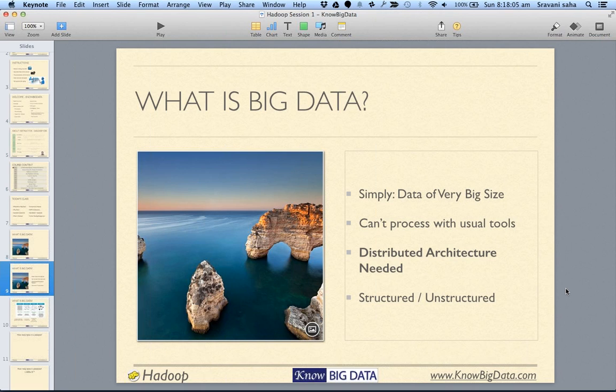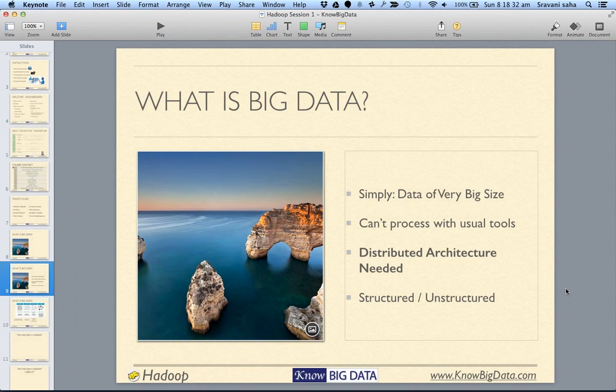So the most important part of this definition is that a distributed architecture is required. As a general rule of thumb, when you cannot handle your data using usual tools and you require a distributed architecture system, what does distributed architecture mean?